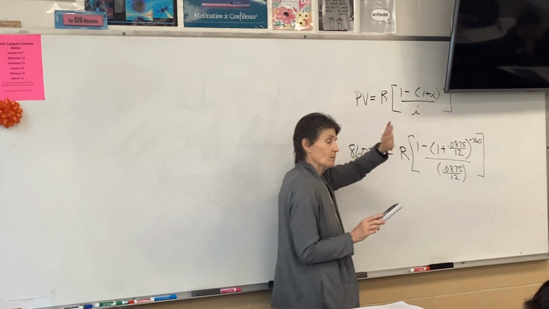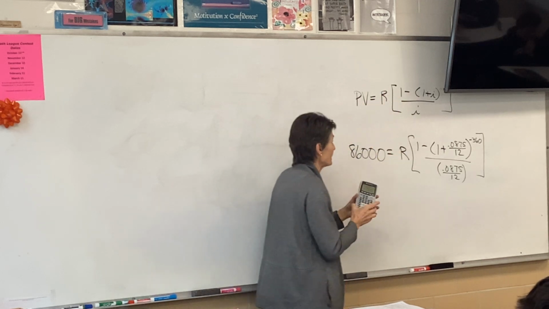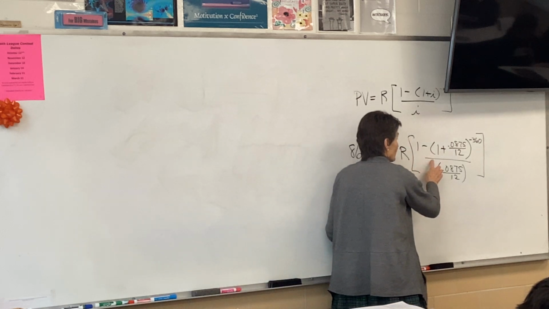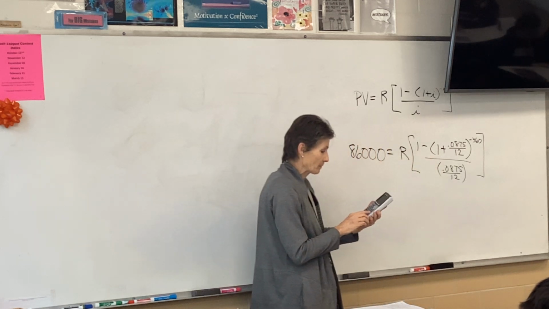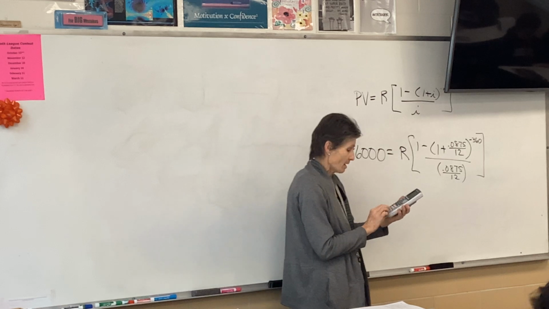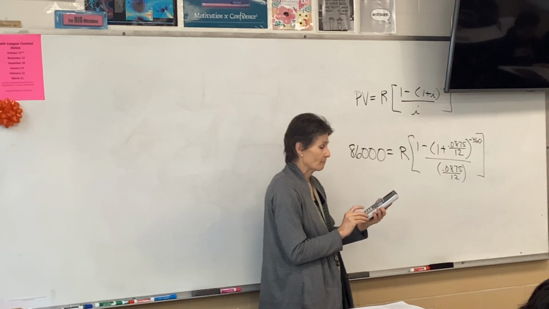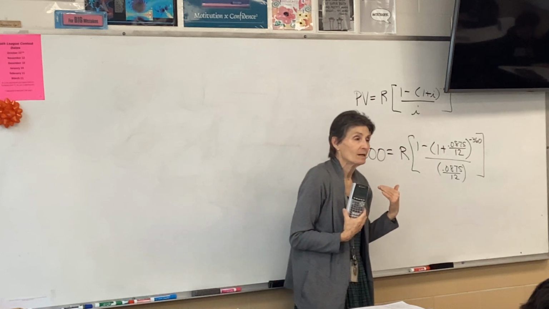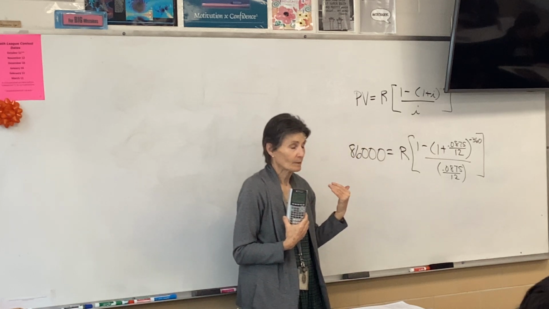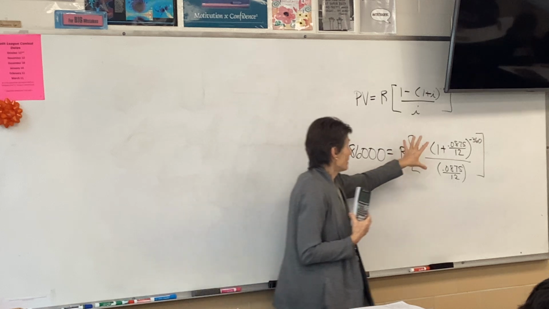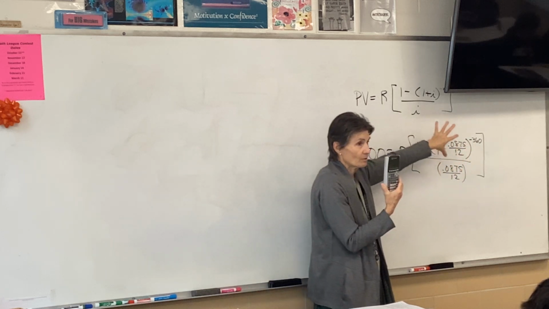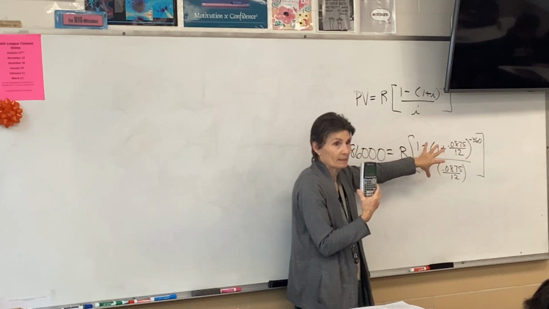Okay? Now we're just leaving it. We're not doing anything with it. Now, guess what I'm going to do next? I'm going to hit divided by parentheses 0.0875 divided by 12. Now, do you have 127? Okay. Now, this right here is the 127 that's on your calculator.